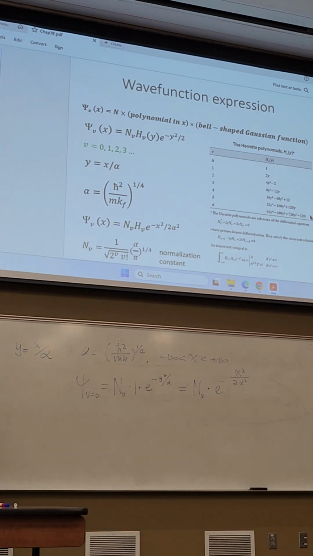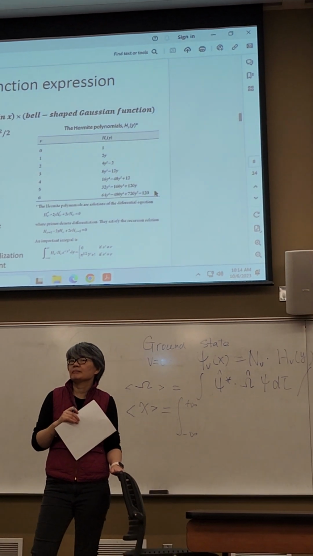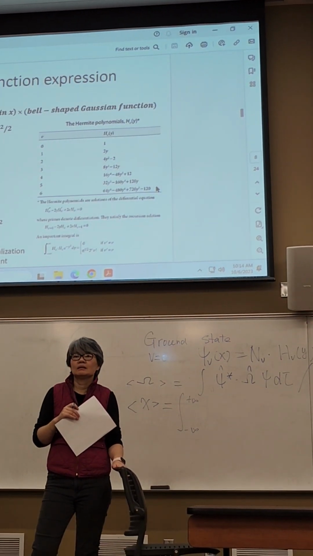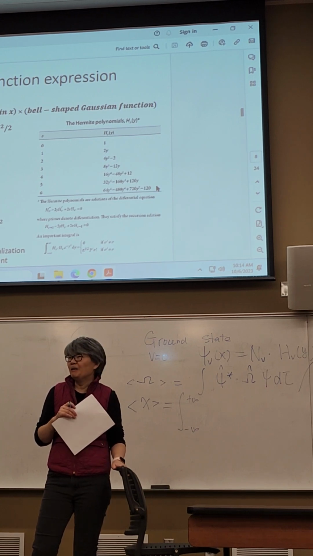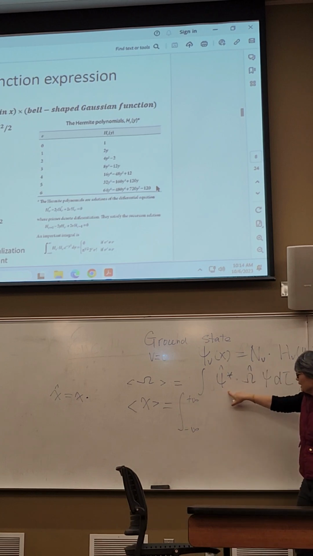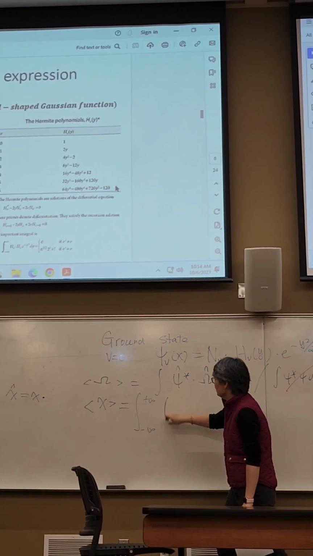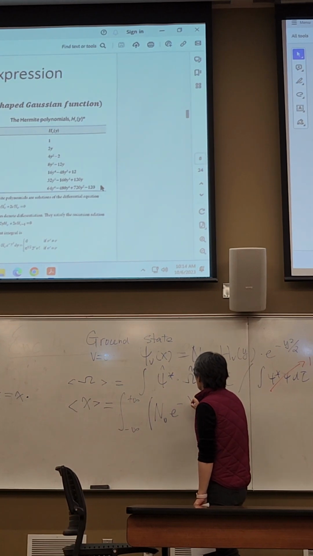Now, before I do the integral, are all of the harmonic oscillator functions real functions or complex functions? Real. They are all real functions. Okay, now let's plug it in. So right here, I will have the normalization constant.